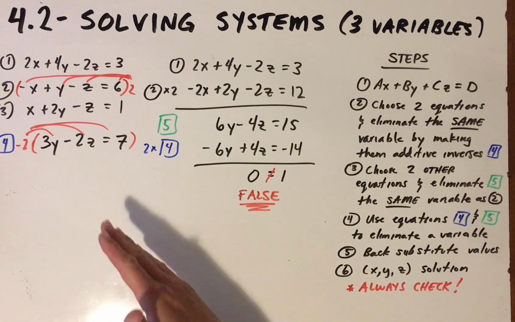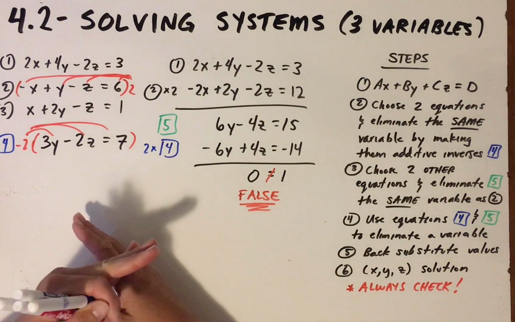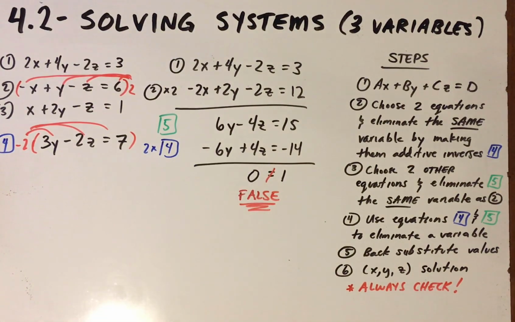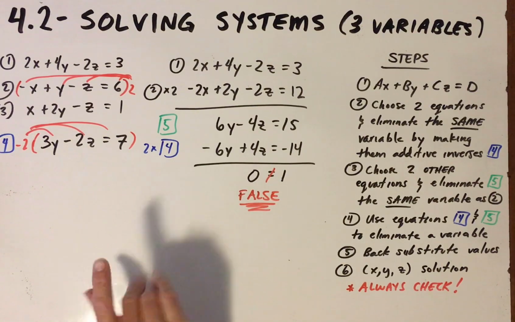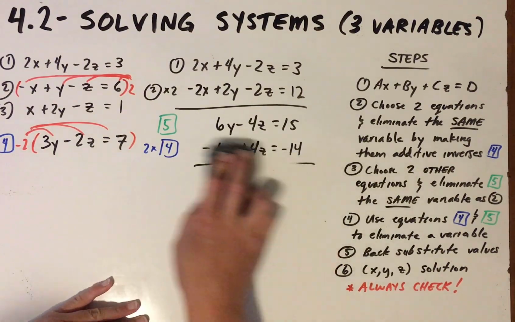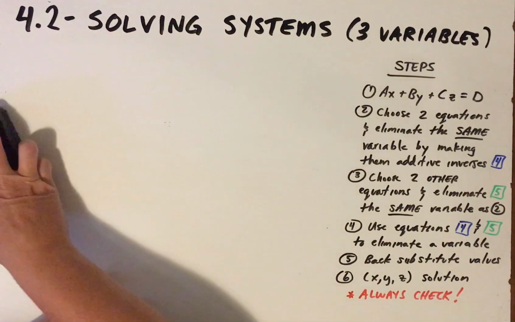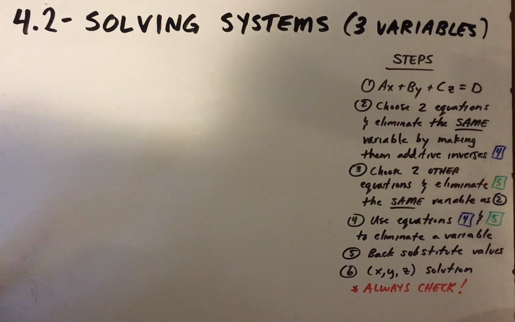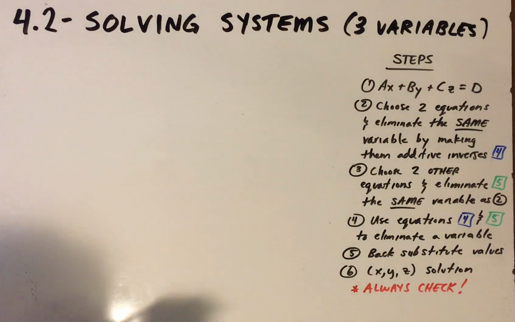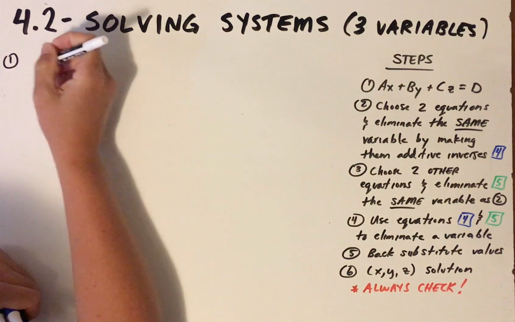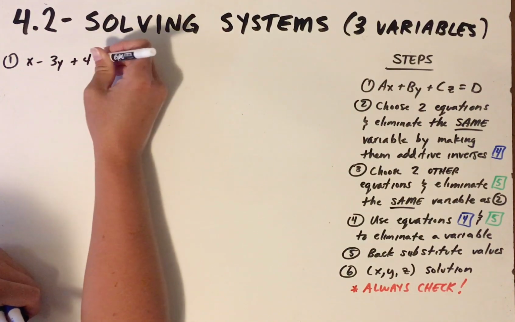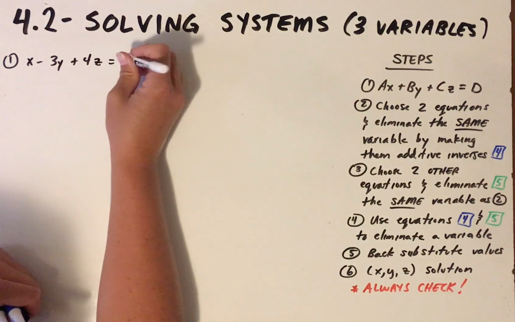They could also intersect by making kind of what looks like a fan, and the line that they intersect on could have infinite solutions, because this plane would go on forever. Okay, so what does that look like? Well, my equation 1 here is going to be x minus 3y plus 4z is equal to 2.